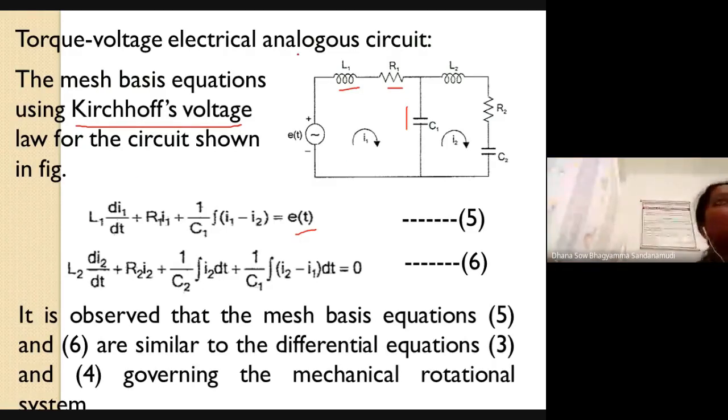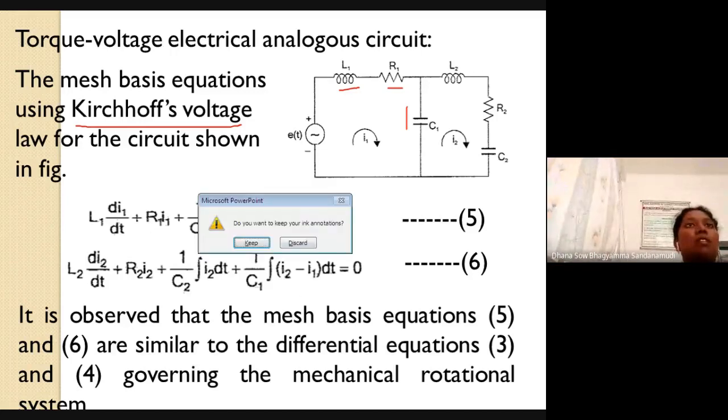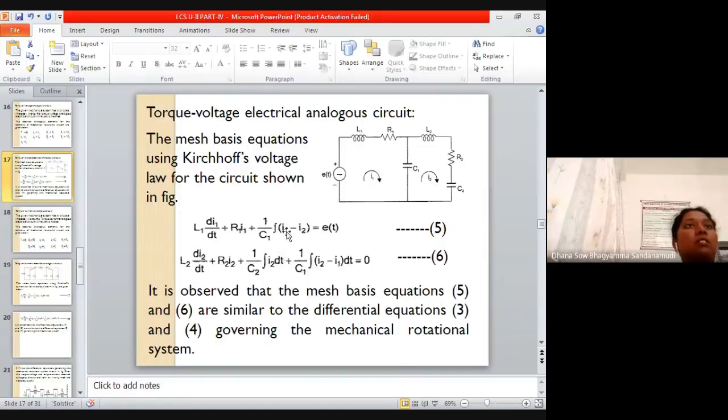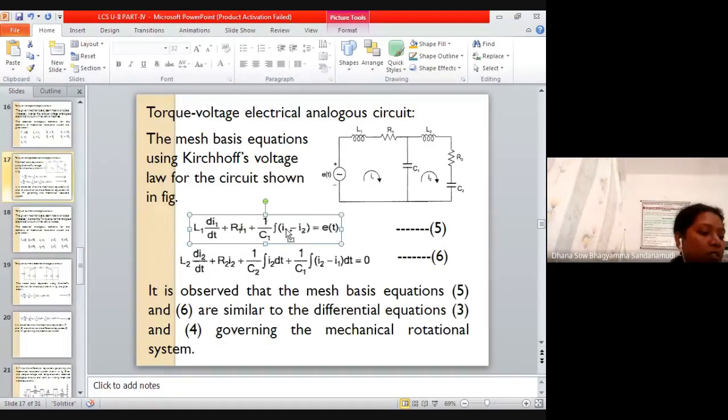Three elements are there: across L1, L1 di1 by dt; R1 I1; and 1 by C integral of I1 minus I2 dt should be there. There is no dt here, so I need to correct it.